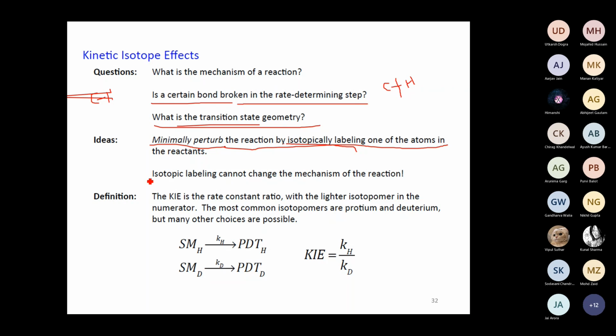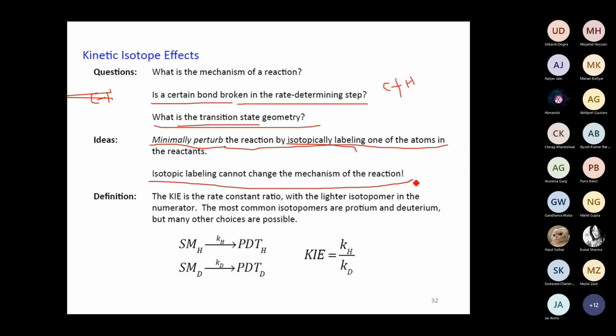It is also very important that isotopic labeling, if you change H with D, cannot change the mechanism. It will only slow it or make it fast, or maybe there is no effect. If you replace H with D, which has just a varying number of neutrons but the atom is the same because it is an isotope, it cannot change the mechanism.